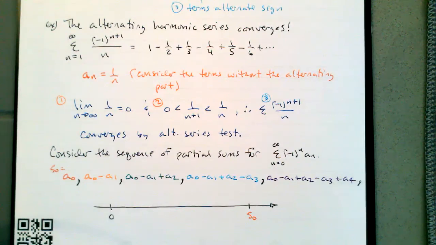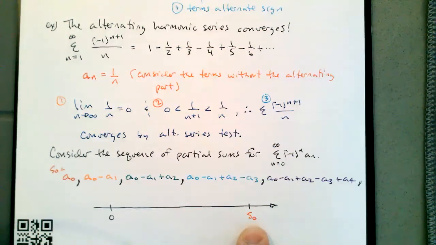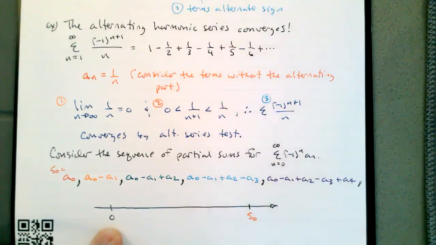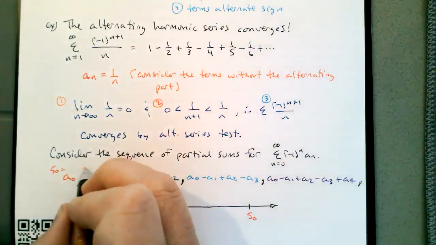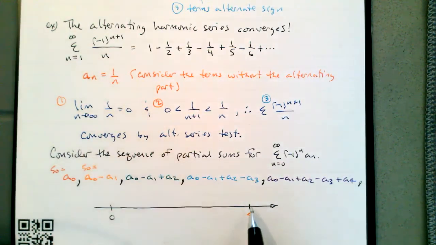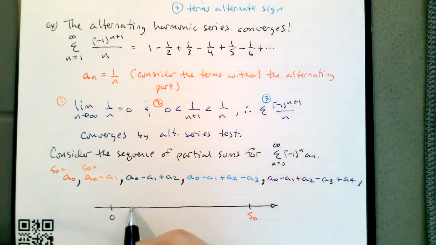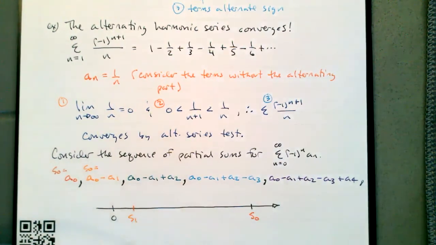Now I'm going to plot A0 minus A1. Two things come into play. A1 is less than A0. So when I subtract A1, I'm not going to go past 0. So for S0, the amount that I subtract is going to be less than the amount that I just added because the terms decrease.